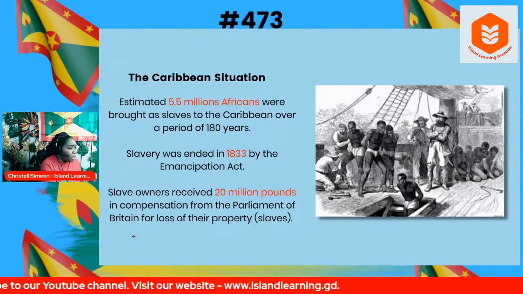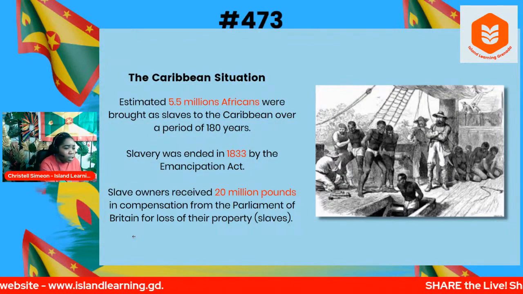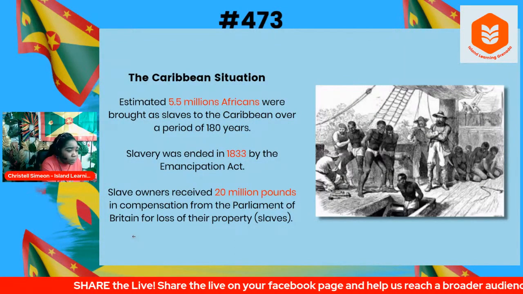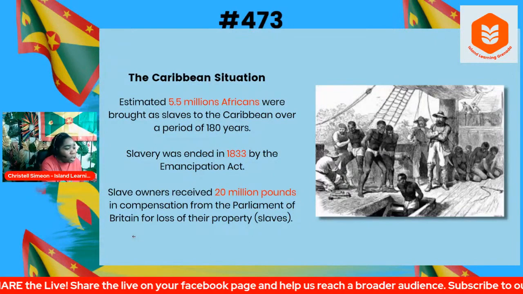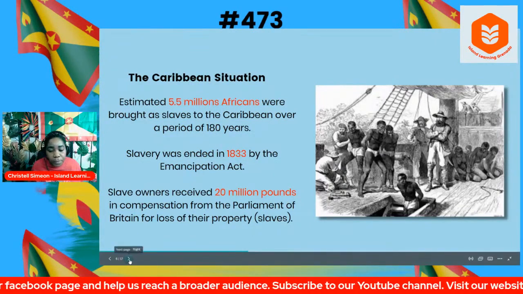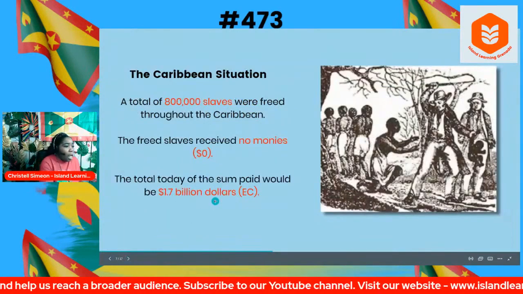I think it was in 2015 those bonds were finally repaid, so they're just coming out of still paying back from slavery. But anyways, 20 million pounds. That's what the slave owners or the plantation owners received.